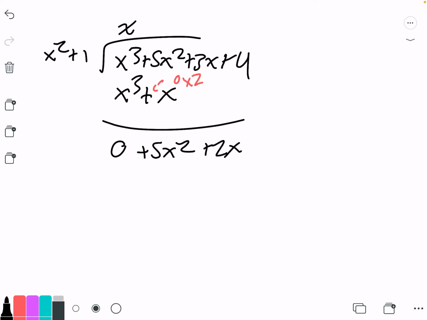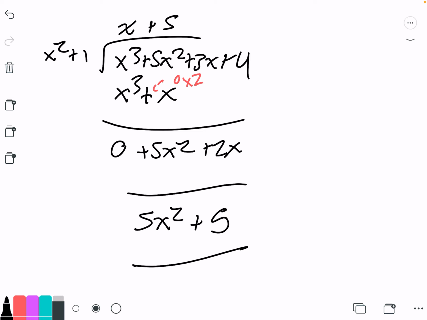And all we have to do is we'll add a 5 now, because now we'll get 5x squared plus 5. And then if we subtract this, we're going to get 2x minus 5. But we bring down the 4. And we're going to get 2x minus 1.